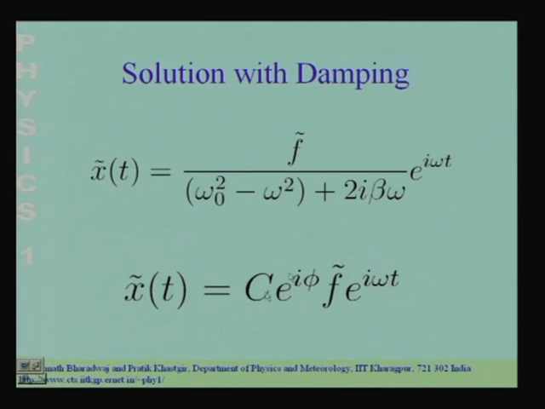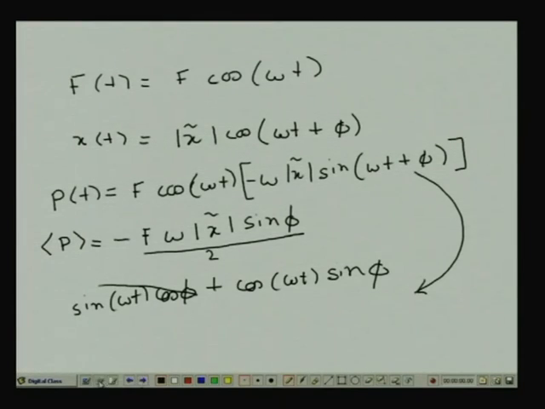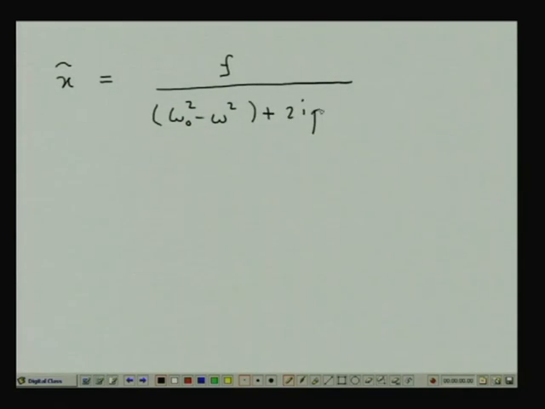So, let me write down what we have to calculate. So, we would like to calculate the imaginary part of this.